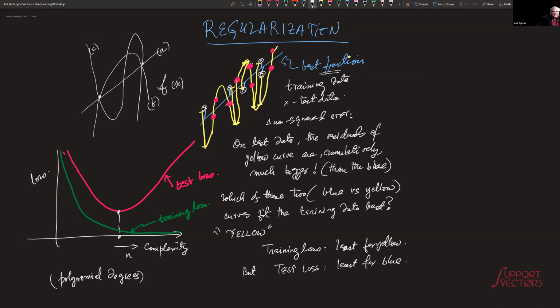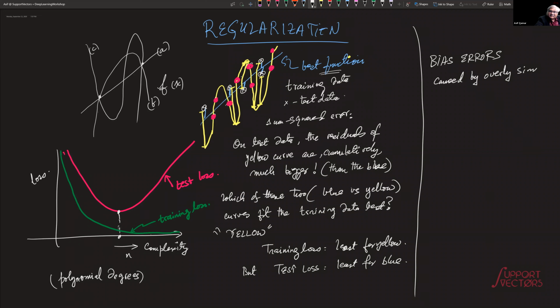Now, in this context, people talk of two kinds of forces at work. There are errors that happen because of oversimplified models. So let me write those things. Bias errors: this is just a review of what we did early on. Bias errors are caused by an overly simple model compared to the ground truth.